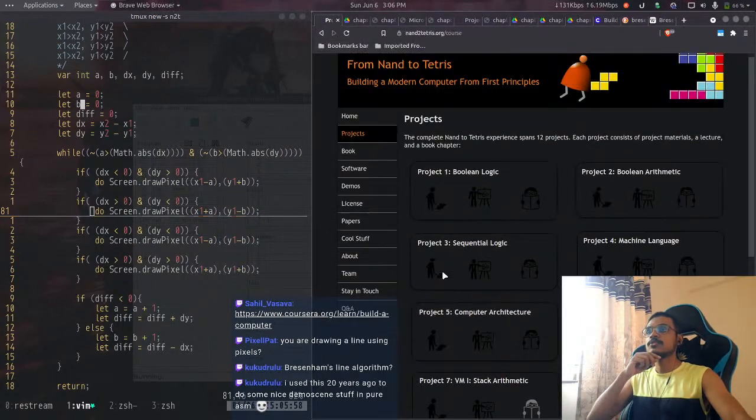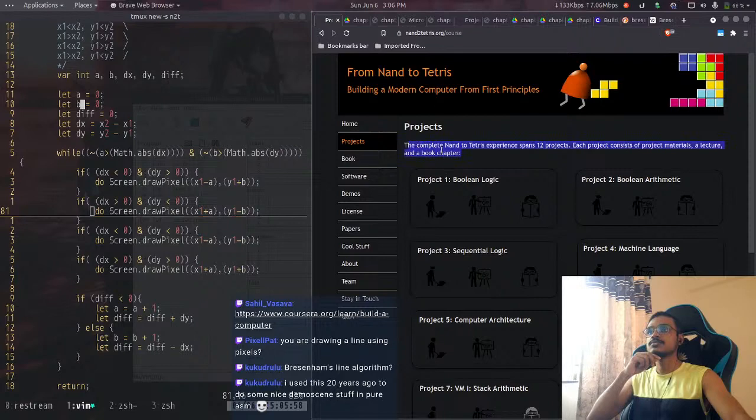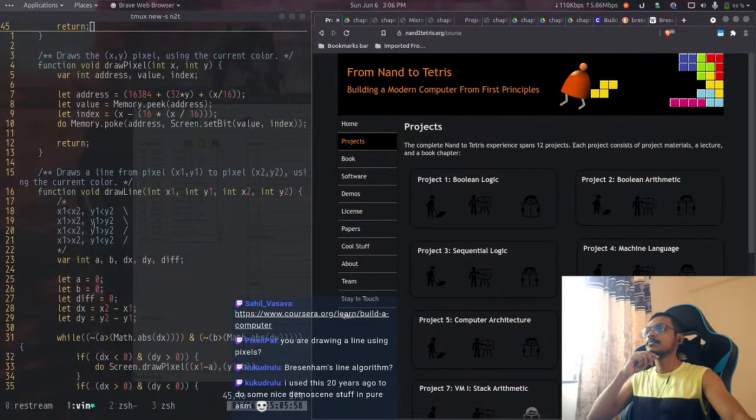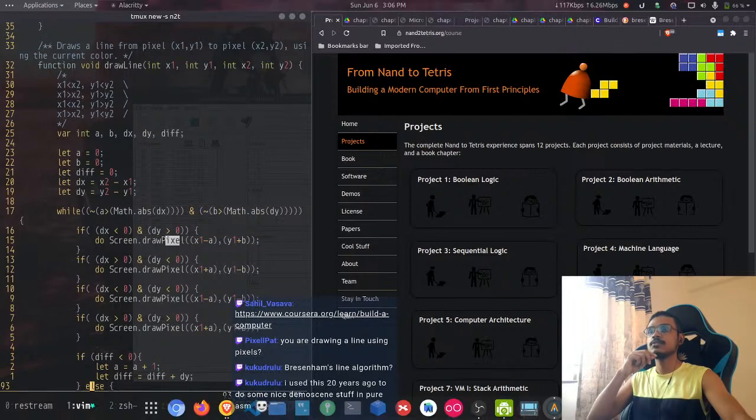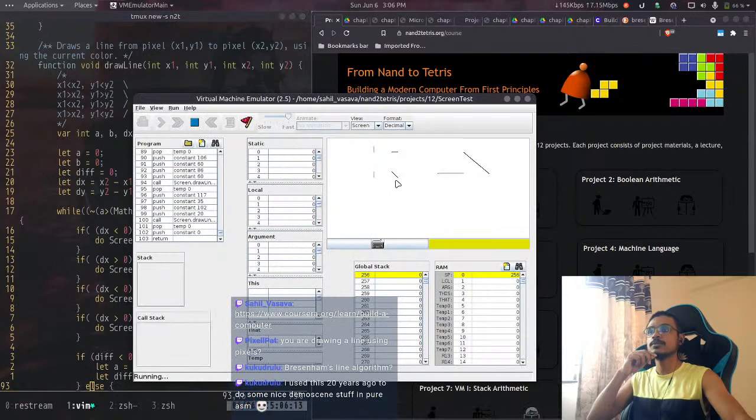So I'm just following the instruction of this course, Nand2Tetris, and right now I'm creating this screen library, where I have to create a function draw line. I have already created this function draw pixel, which can draw a pixel at a particular point.